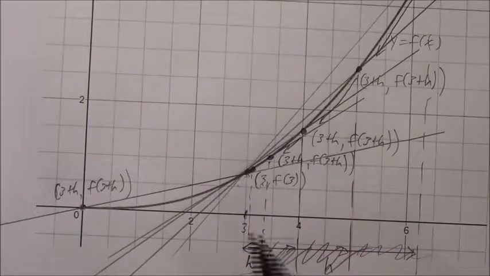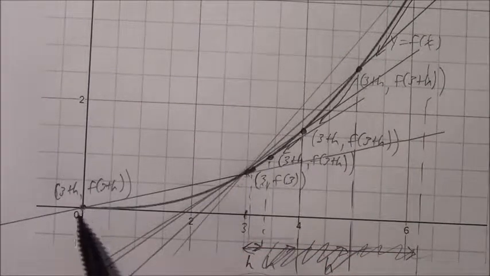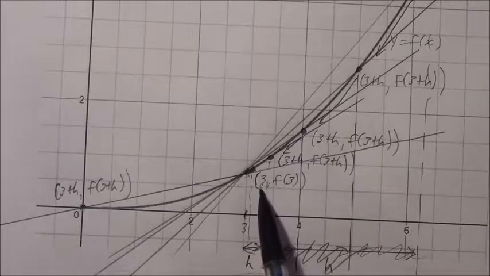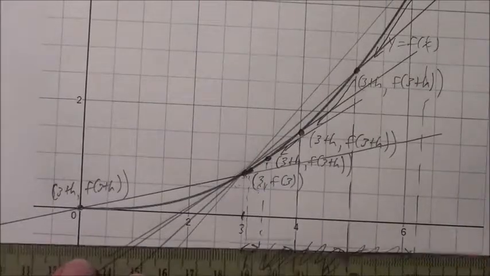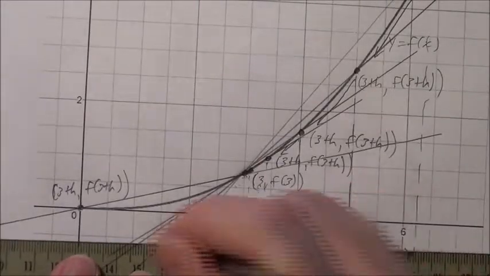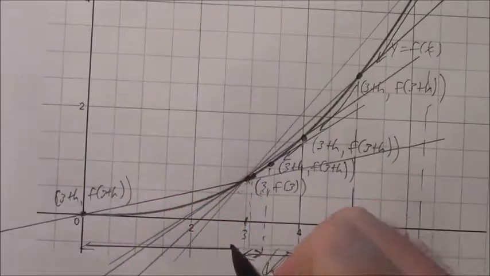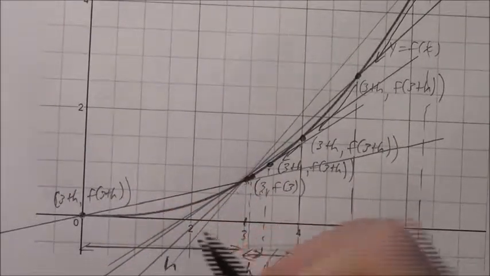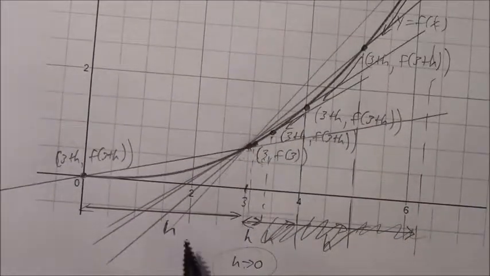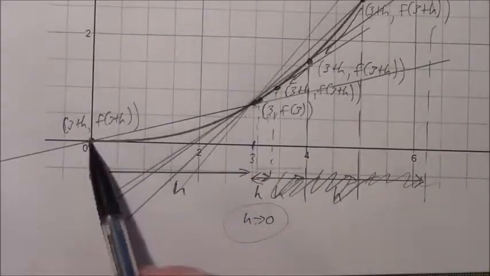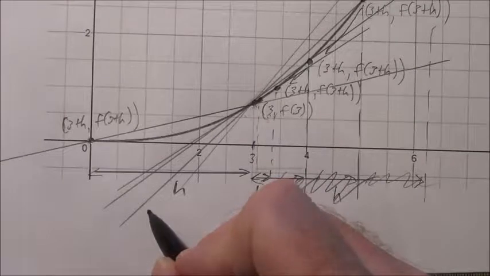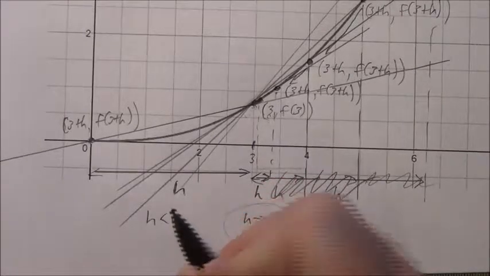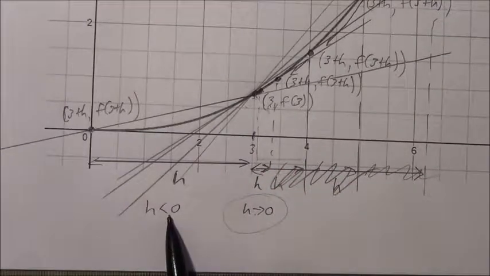Because this x value is less than the target x value of 3, we still have this horizontal distance of h, but when this point is to the left of 3, h is less than 0. So we're actually going to have a negative value.